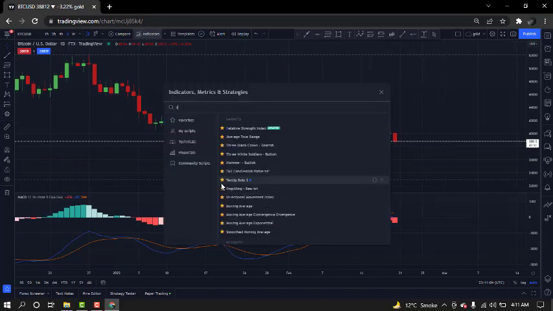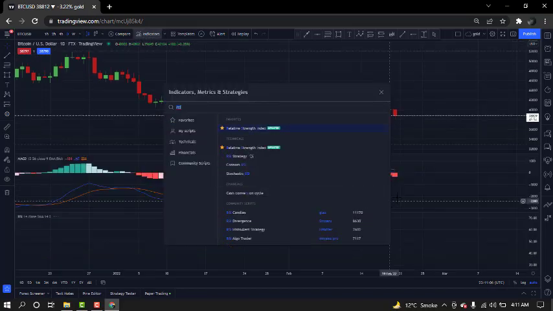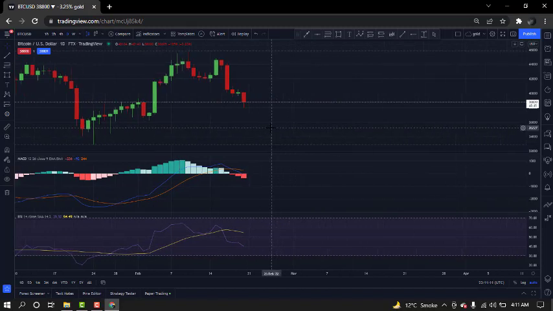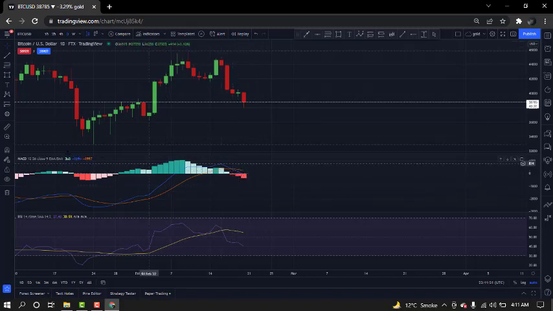Now with RSI, look at this. On the 1-day chart, one candle represents 1 day. The market goes down in MACD, the volume is red, which means the market goes down.